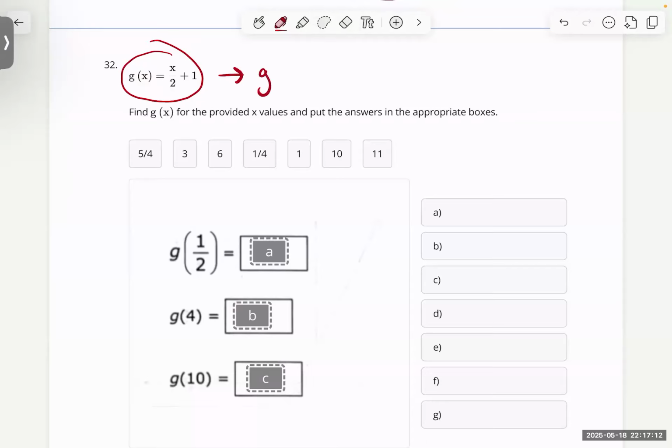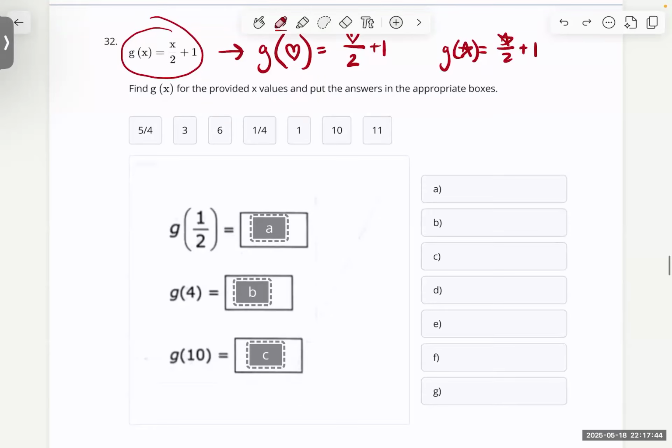So if I decided to do g of a heart, this is the same thing as heart over 2 plus 1. Or if I plug in g of star, this is the same thing as star over 2 plus 1. Star and heart are just some numbers, right? That's all that it is. All you need to do is take whatever number it gives you and plug it into wherever the x is. And that's what we're going to do here.